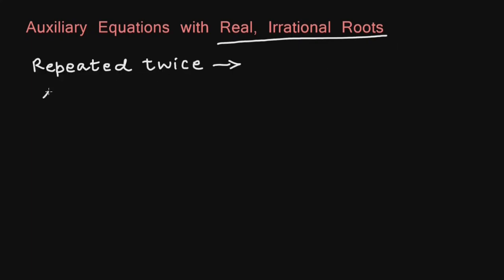What if the real irrational roots are repeated twice? That is, alpha plus root beta and alpha minus root beta, each repeated twice, are the roots of the auxiliary equation.